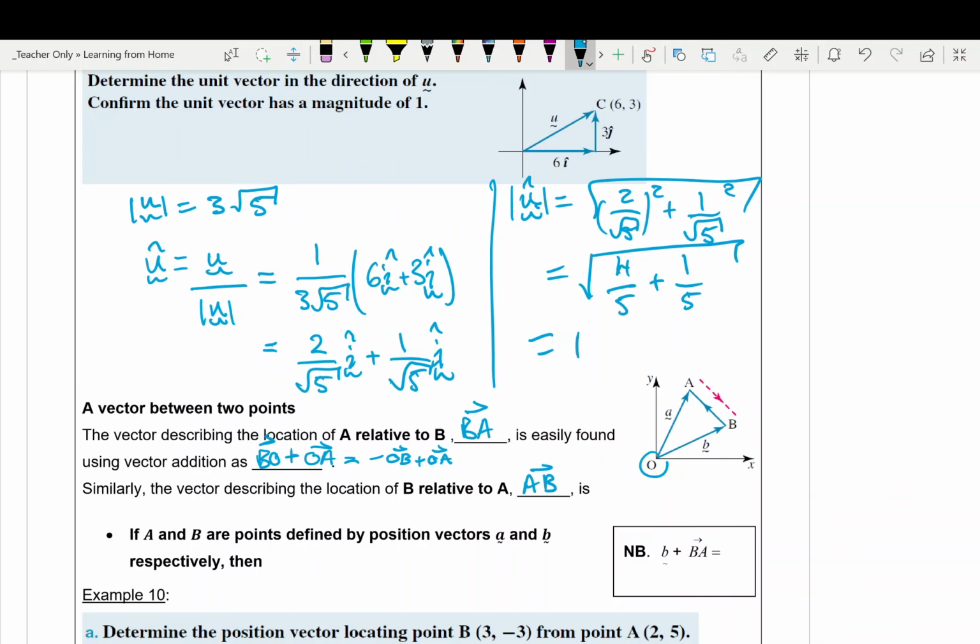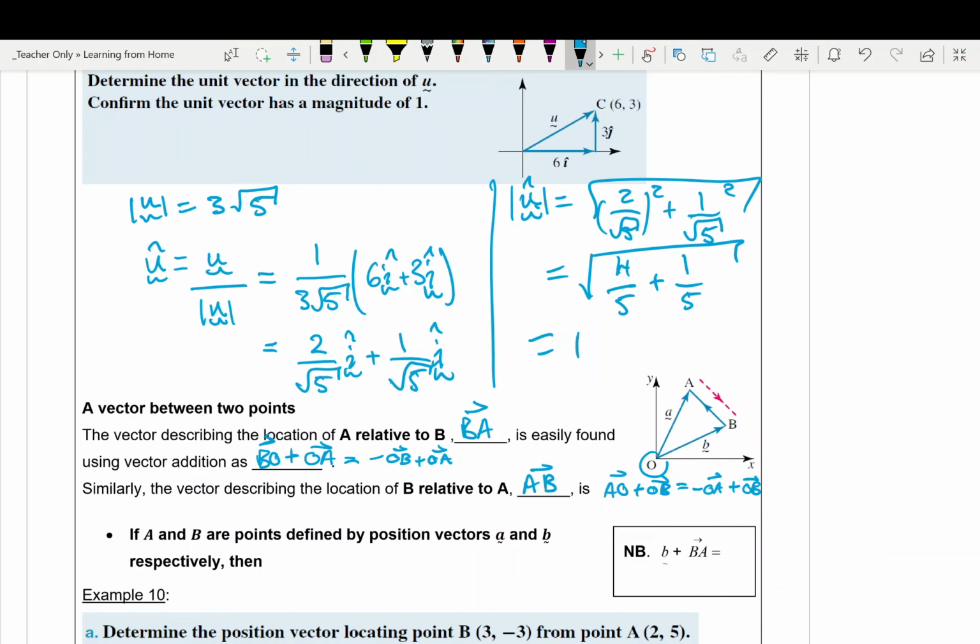So similarly, the vector of A to B is going to be, well, if we're going from A to B, we're going A to O plus O to B, which is the same as negative OA plus OB.